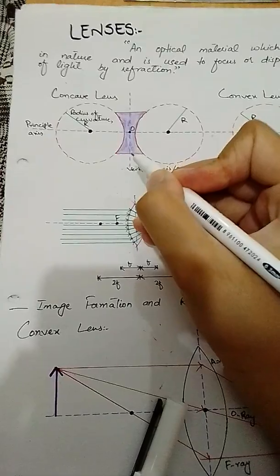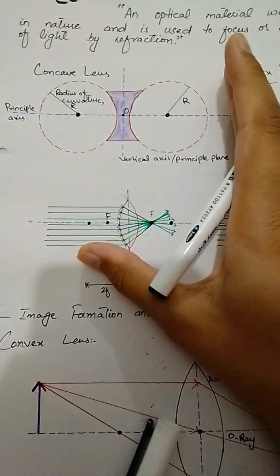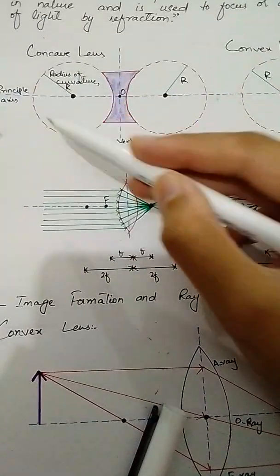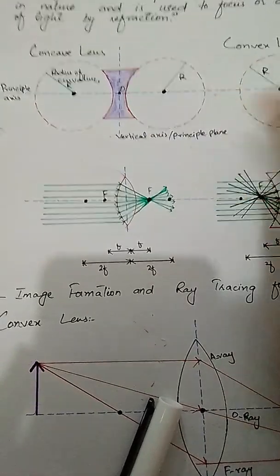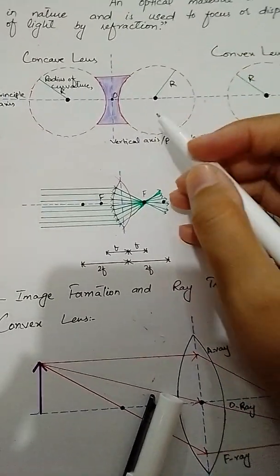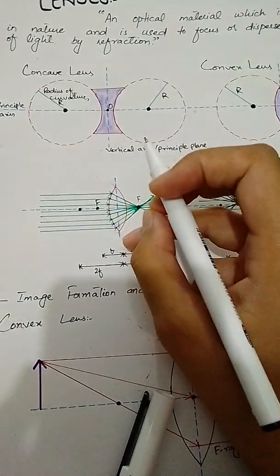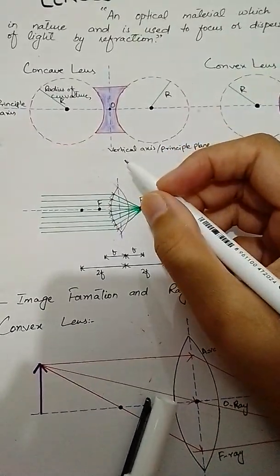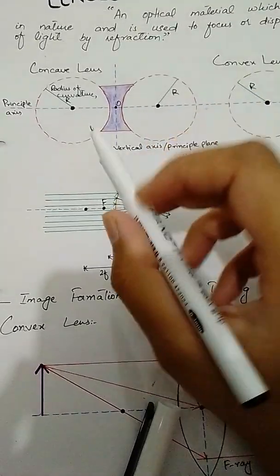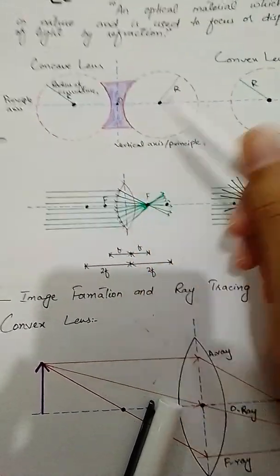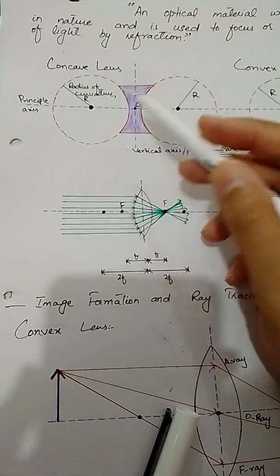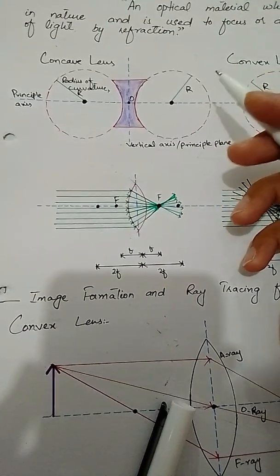Now let's consider two spheres like this. Remember, in the case of mirrors, we took one sphere and cut out one small circular piece from it and called that a mirror. But in this case, we're just going to consider two circles, each having the same radius.